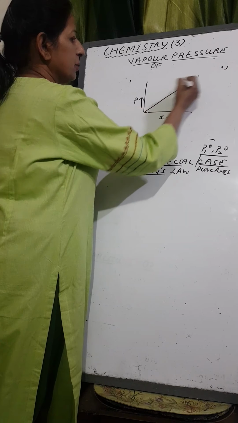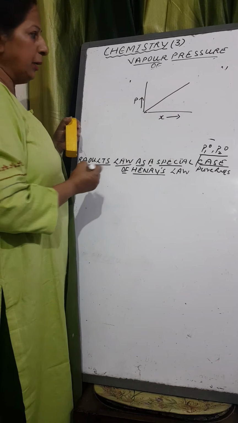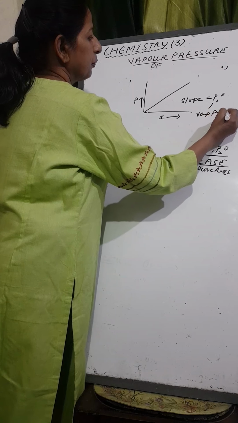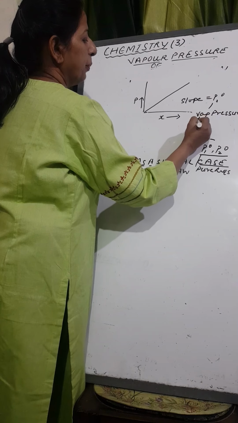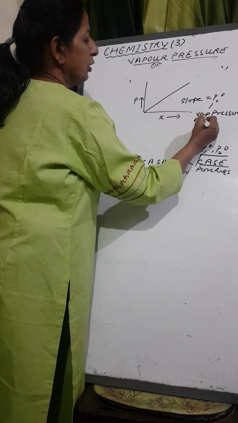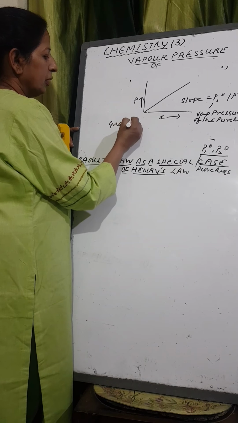The graph comes out to be a straight line, and the slope of the graph equals P1 naught, the vapor pressure of the pure liquid, or you can simply write it as P naught. So this is the graphical representation.